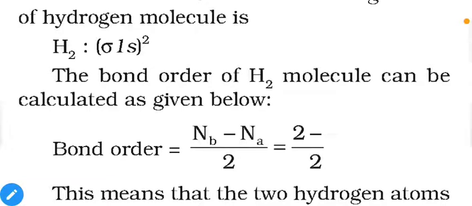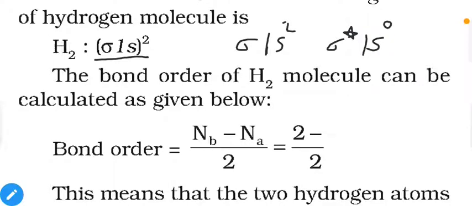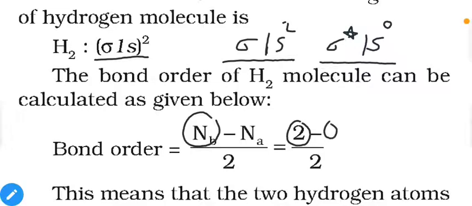Now let us find the bond order of the molecule. We have two different orbitals: sigma 1s and sigma star 1s. Our sigma 1s orbital contains 2 electrons and sigma star contains 0 electrons. So the number of electrons in the bonding molecular orbital, Nb, is equal to 2, and the number of electrons in the anti-bonding orbital, Na, is equal to 0.